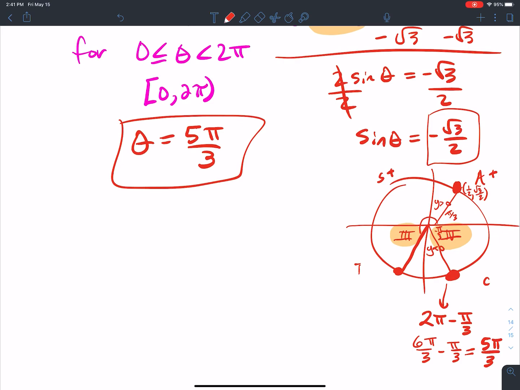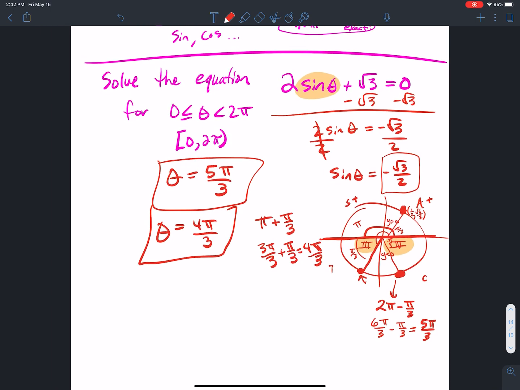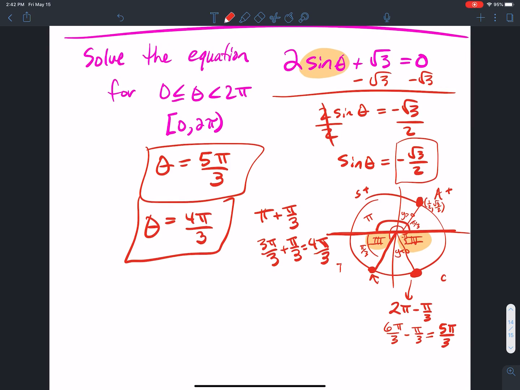Now the other answer. If this going over here is pi, I can add one more pi over 3 to that: pi plus pi over 3, so 3 pi over 3 plus pi over 3, which is 4 pi over 3. So my other solution is 4 pi over 3. You either build that out like I just did, or you have your big picture of your unit circle, or you've got it memorized.